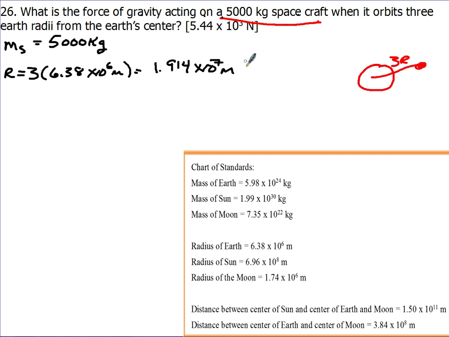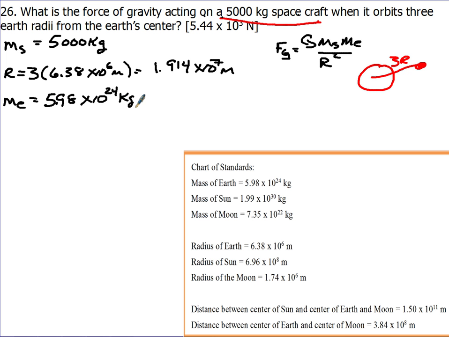All right, we're looking for the force of gravity. Fg equals big G, mass of the satellite, mass of the Earth, divided by the radius from the Earth squared. So according to this, I'm going to need the mass of the Earth as well. So the mass of the Earth is 5.98 times 10 to the 24th kilograms.